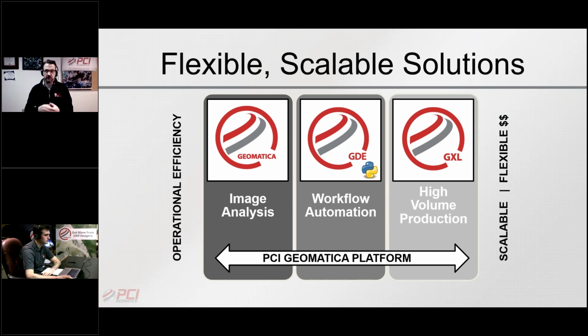We have specific workflows that we've been working on lately for creating analysis-ready data. We also have a very successful set of tools for large volume production as it relates to orthoing and mosaicing large land masses, such as countries or continents or cities. So it's a platform, it's flexible, it's scalable. You can work within the GUI environment, deploy it on the cloud, or work within the enterprise. It's all possible.